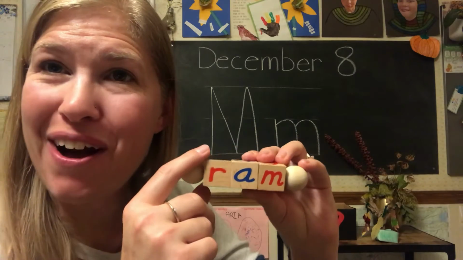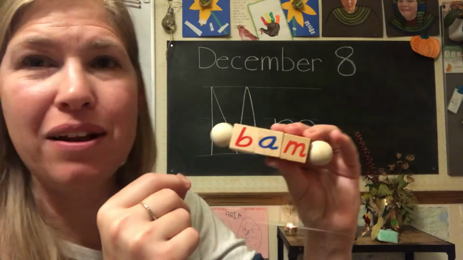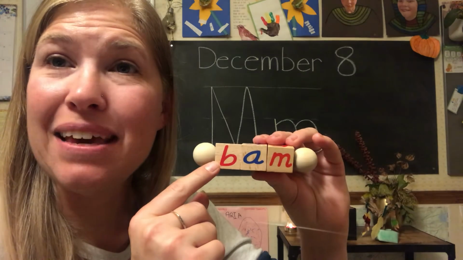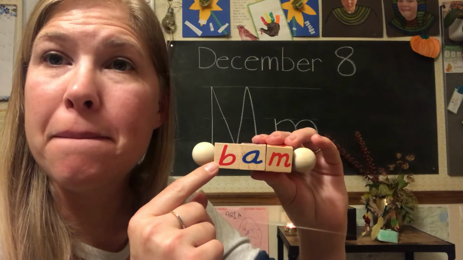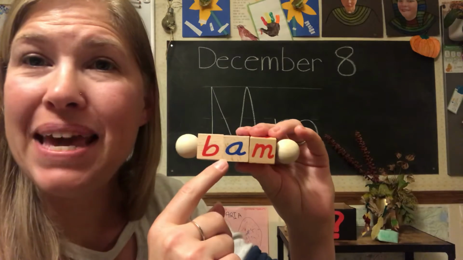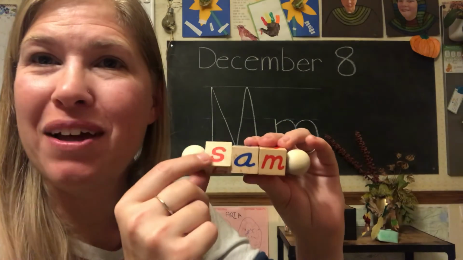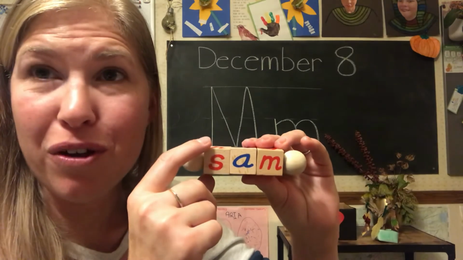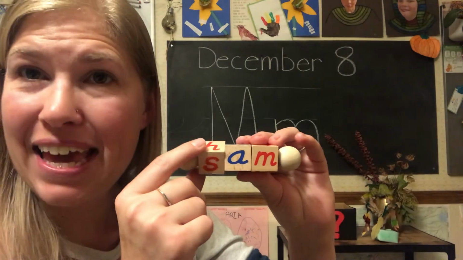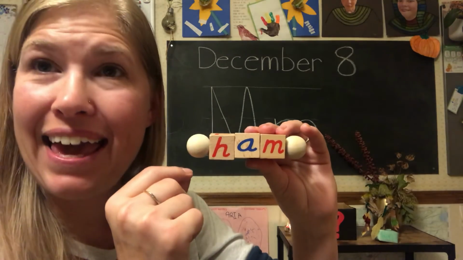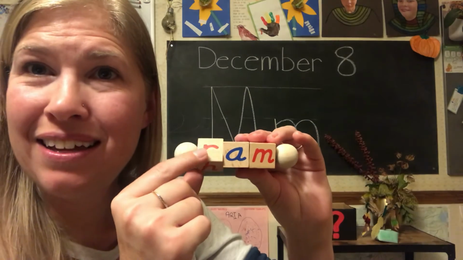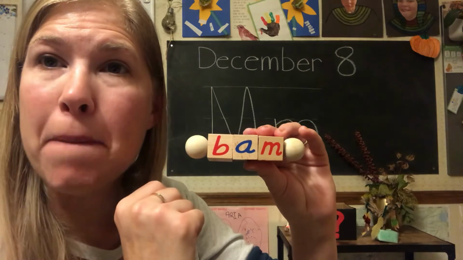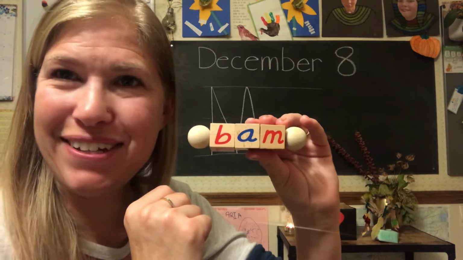Good job. What about that one? That's B. B says bam. Good job. All right, we're back to the beginning. So let's go through it one more time so we can hear all the rhymes. Sam, ham, ram, and bam. Good job.